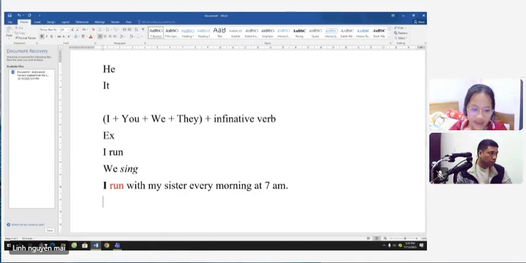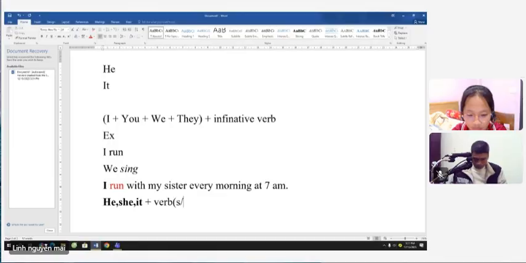Next one we have he, she, it. Okay? So it will go with the verb that has s or es. Okay?